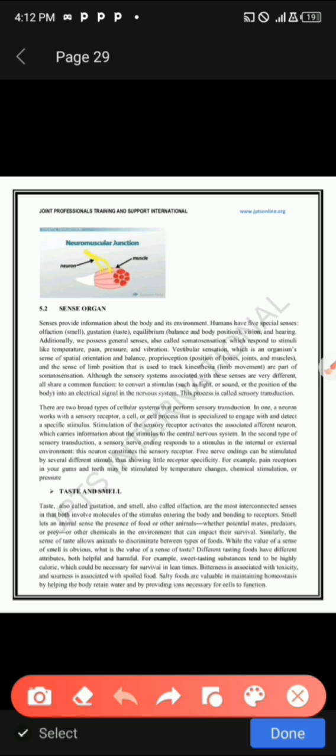In the aspect of taste, when you taste something that is salty, you'll be able to know that it's salty. Different tasting foods have different attributes, both helpful and harmful.